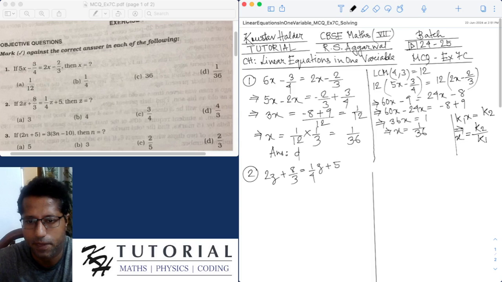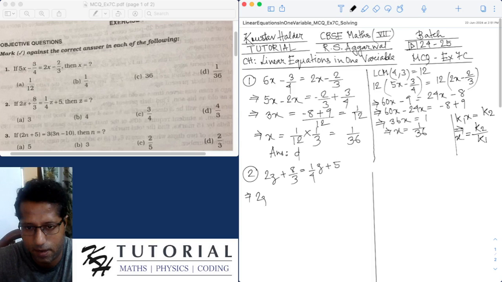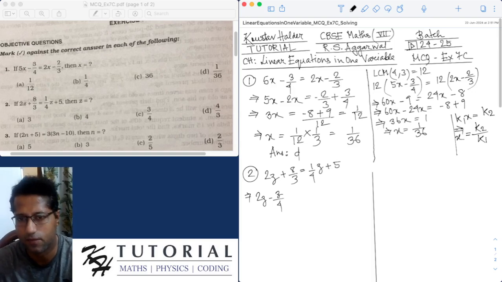So I will bring all the variable terms, here the variable is z, to the left hand side. So I will have 2z minus z by 4, z by 4 from the right hand side. When it is transposed to the LHS, its sign will change.